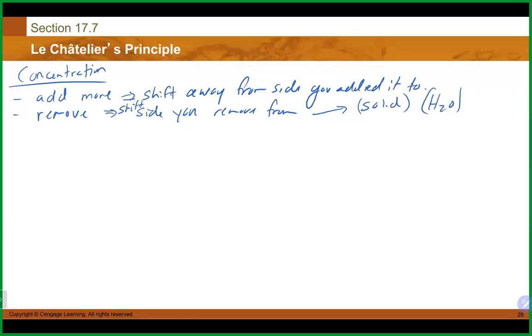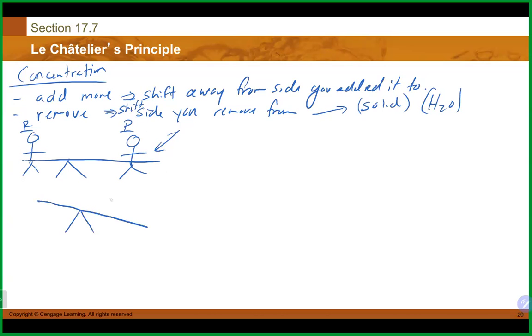So when we're dealing with concentration, say we had this system at equilibrium with the classic stick figures here. This is going to be my reactant side. This is going to be my product side. And this guy decides we're going to hop somebody up onto that side. And if somebody gets on that side, this is the situation that's going to develop.